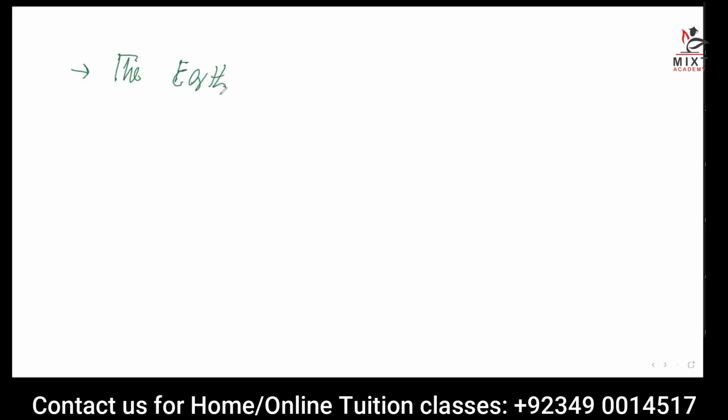The Earth takes 1 year (365.25 days) to travel around its orbit.